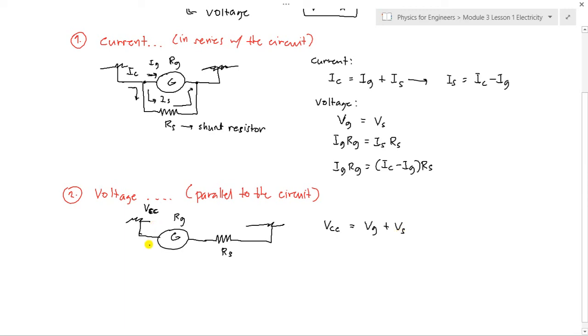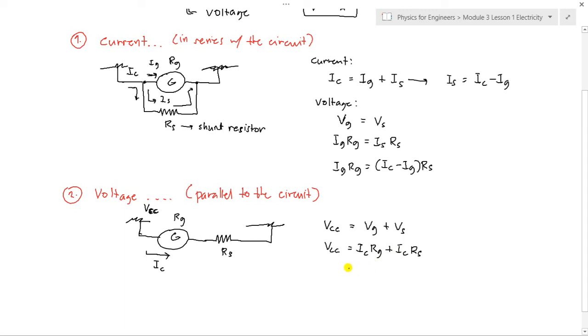Okay, if there is current passing through, I'm going to label it as I, the current from the circuit. So VCC is equal to IC times RG plus IC times RS.